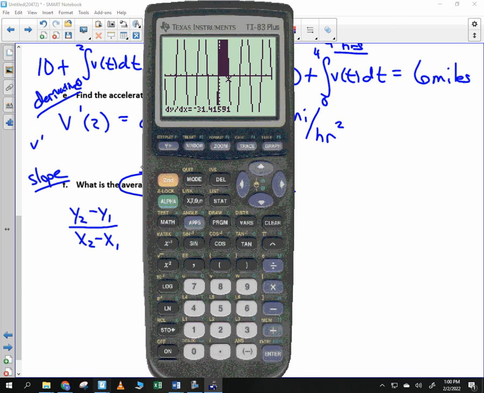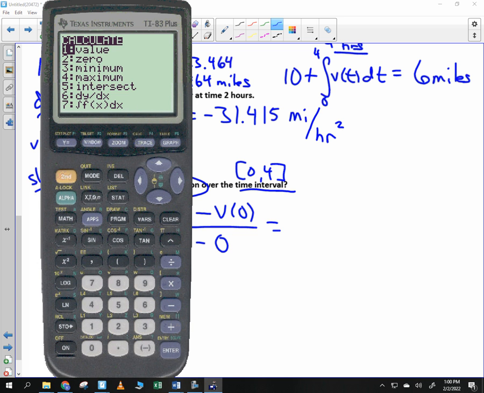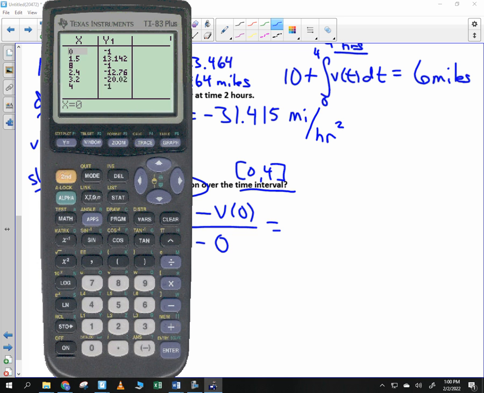That one's easy. How do I come up with V of 4? Got two options. I could go into calculate and I could grab value, or I could go to my table and type in 4 and 0. You do whichever one you want. Does that make sense? So I've got negative 1 minus negative 1 over 4, which is what?